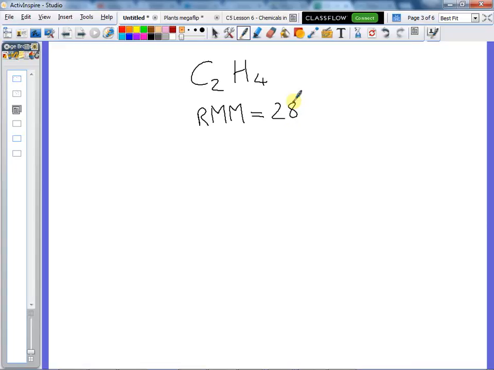If we want to know the percent of hydrogen in C2H4, this is 4 times 1, and this is where we come back to that total, because we have 4 there.